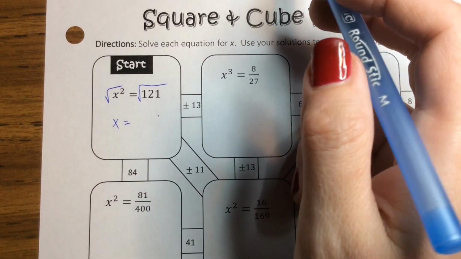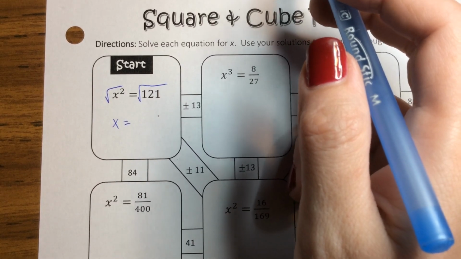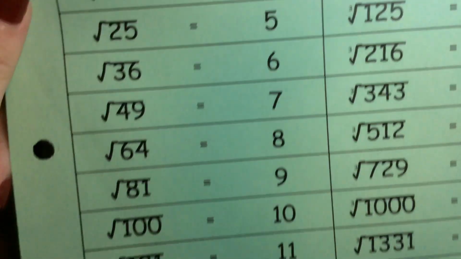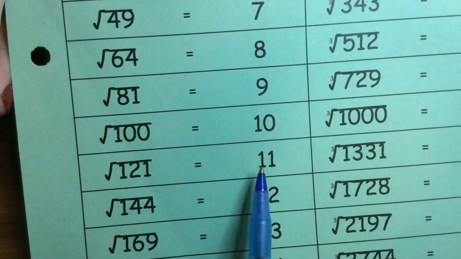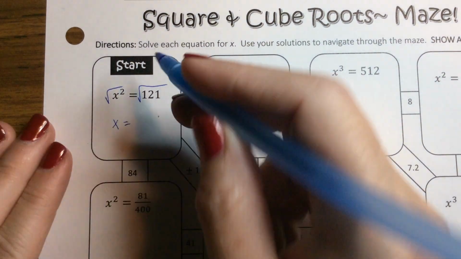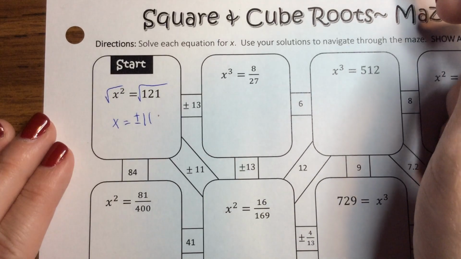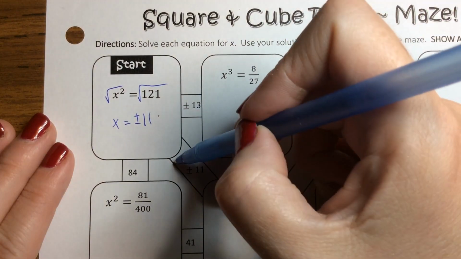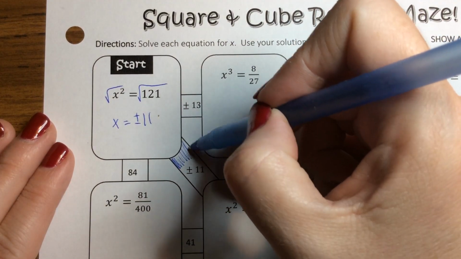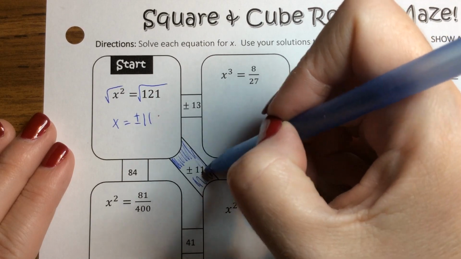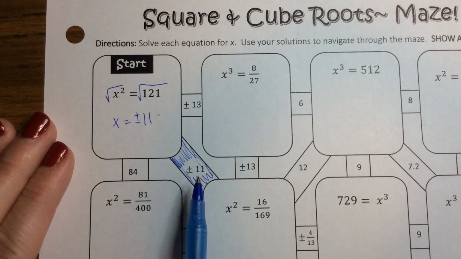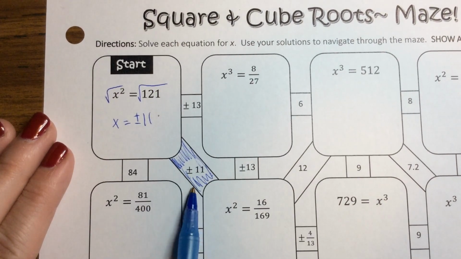If I look on my page, 121 is 11. So I am going to have two answers here though, positive and negative 11. So you are going to shade in this pathway because positive and negative 11 is the answer.